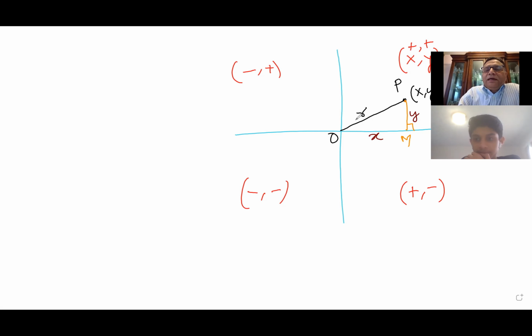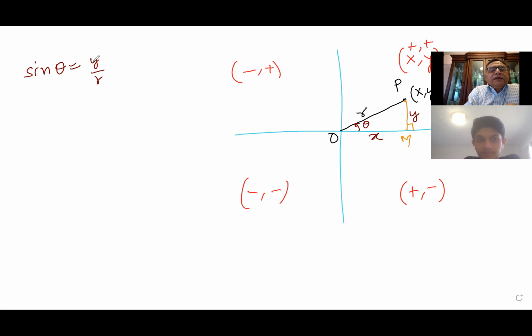If the angle, which is the principal angle here, and the principal angle is always measured from the positive x-axis, counterclockwise is positive, right? So let's say this angle is theta. In that case, tell me, what is sine theta equal to? Sine theta would be y over r, opposite over hypotenuse.